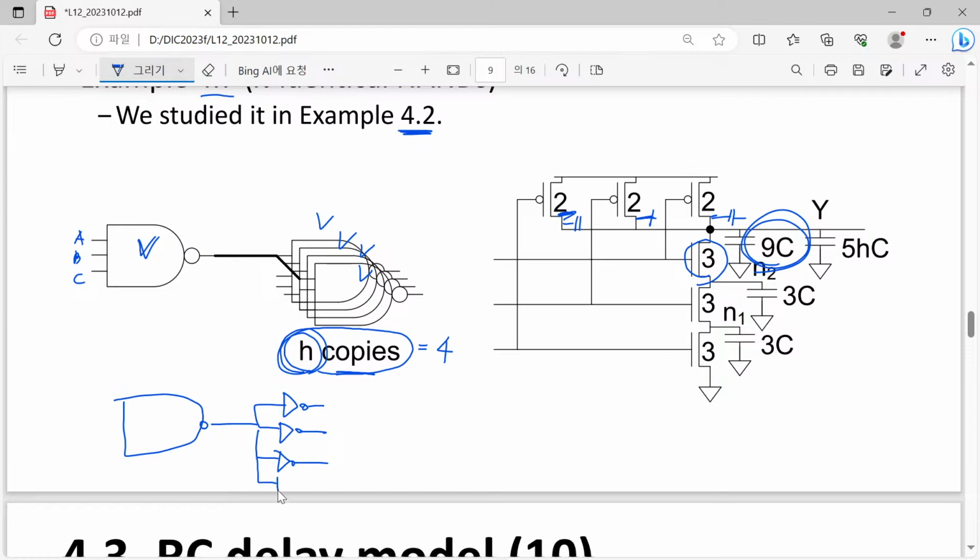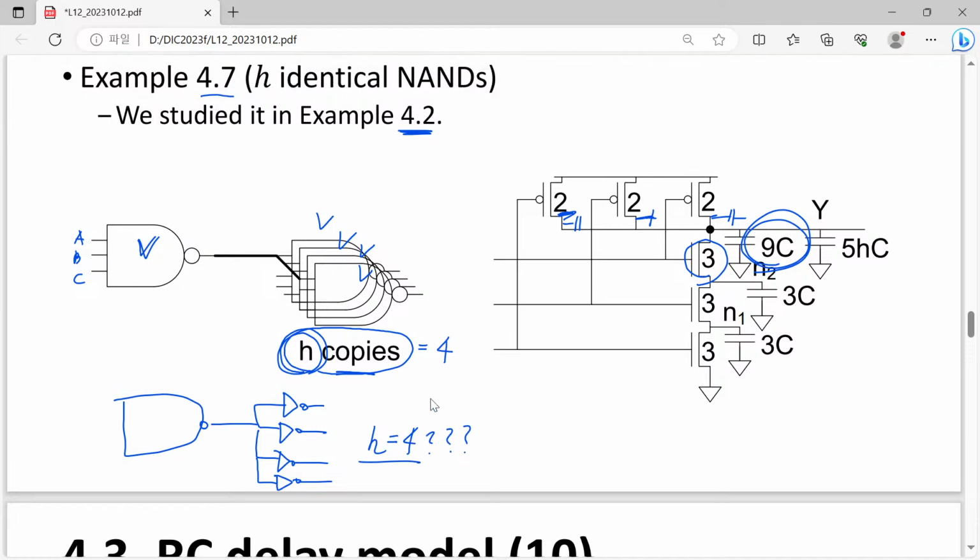However, let's think about this one. In this case, is H equal to 4 or not? When we just count the number of logic gates, load gates, then we can say H equal to 4. However, it's not.